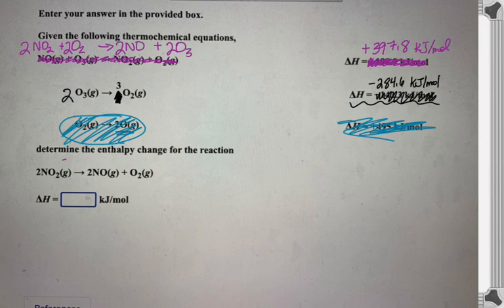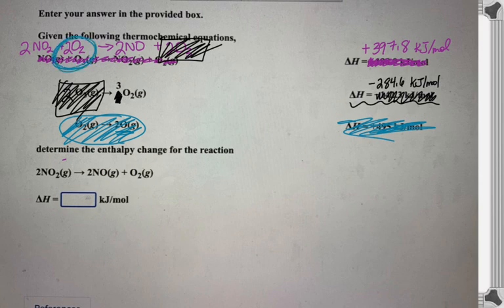So, what cancels here? What's the same on both sides of the equation? You got two ozones, reactant, product. Those cancel. Okay, look at the oxygens. You got 2 of them here and 3 of them here. If you subtract 2 oxygens from both sides, all of these are gone.